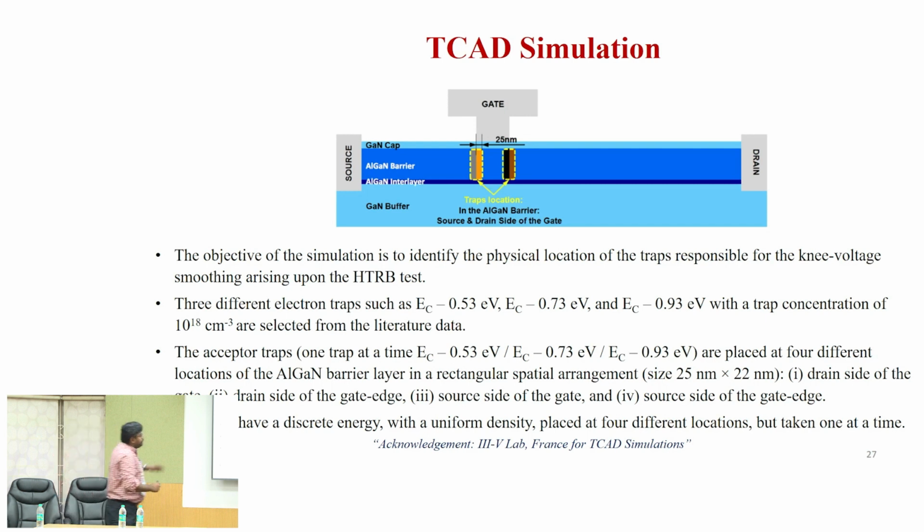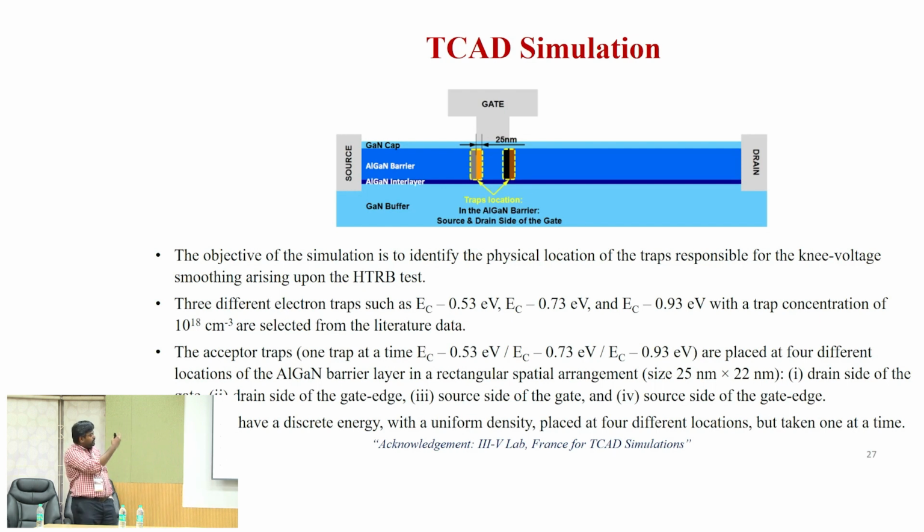If the traps are located here, that is indicated as the drain side of the gate edge, and this is the drain side under the gate. Similarly, this is the source side of the gate edge, and beneath is the source side under the gate.